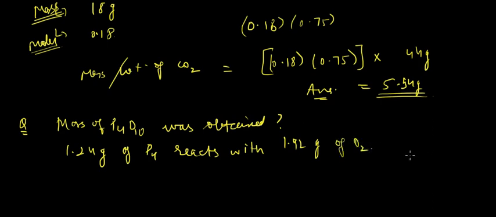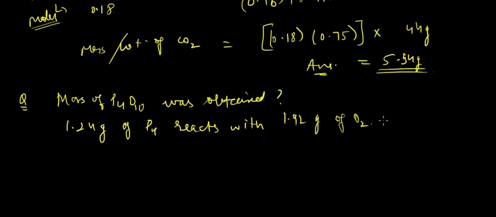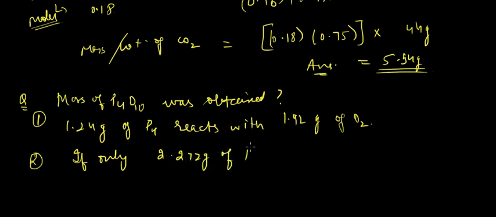Okay, and if in the above problem only 2.272 grams of P4O10 is obtained, then calculate the percentage yield. So this is the first part of the question, and the second part of the question is, if only 2.272 grams of P4O10 is obtained, then you have to calculate the percentage yield.